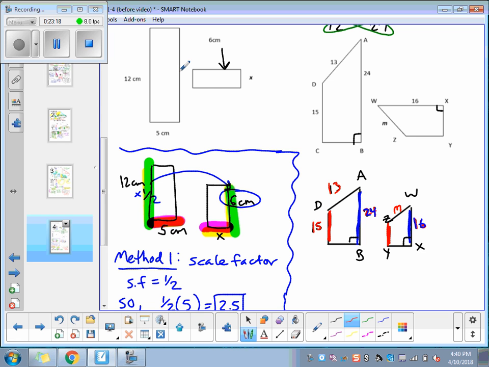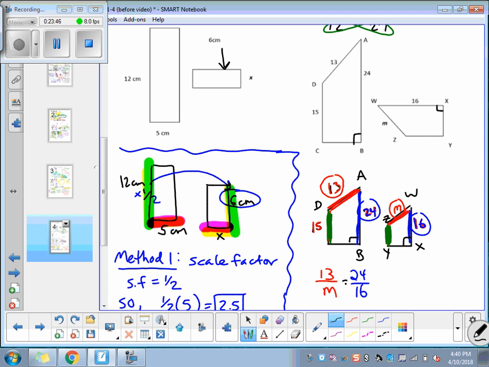All right, and now I'm just going to retrace. Let me make this one green and green. Okay, cool. So to find M, totally your call. Some of you are going to see that 13 matches up with M, so you're going to go red to red. 13 matches up with M, and 24 matches up with 16.